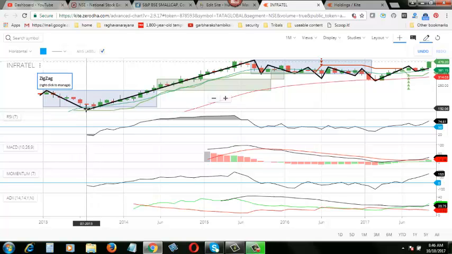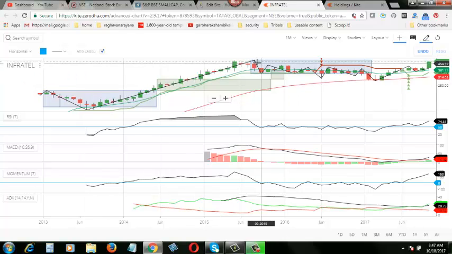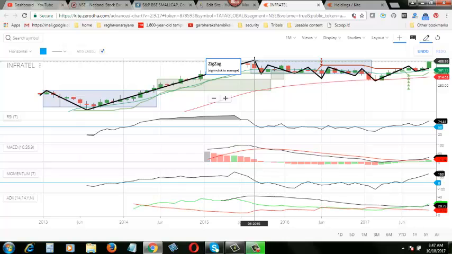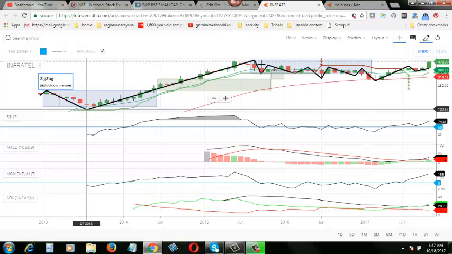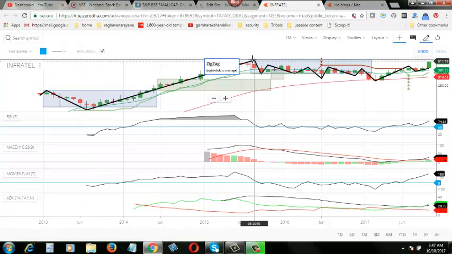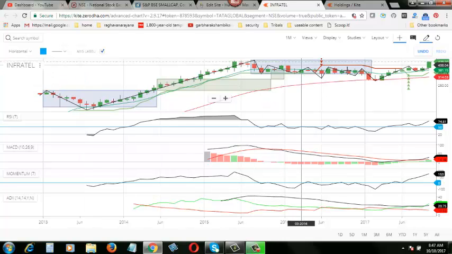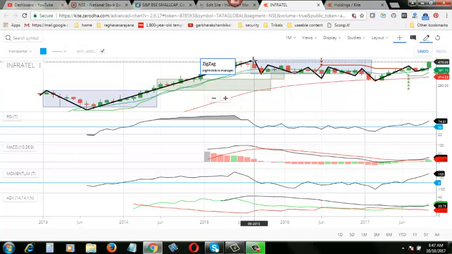The stock did rise from its low price of 127 to 488 from 2013 to 2015. After that, it has been moving sideways. Right now it is showing some trend, but the trend is not that strong.